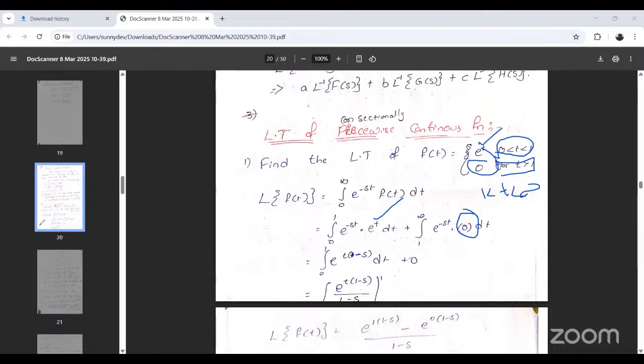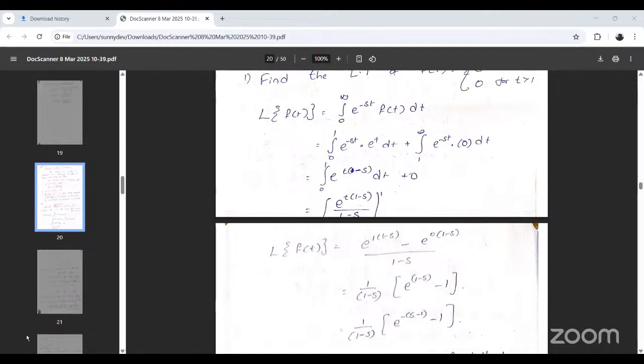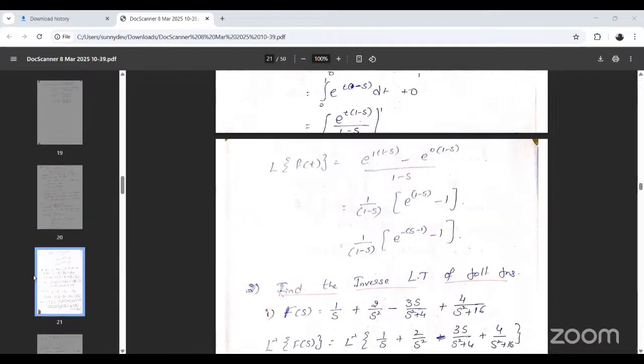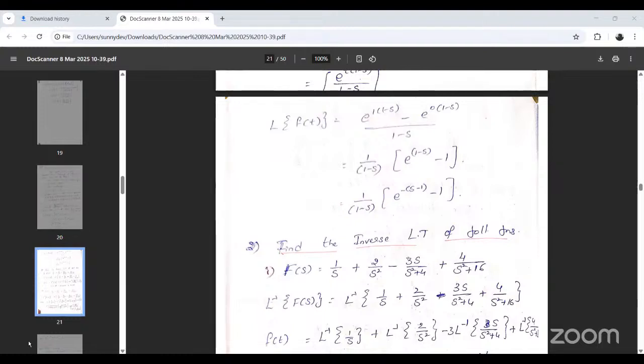Now let's see here. This is the integral from 0 to 1 of e power of t times e power of minus st, so the bases are equal and we add the powers: e power of t into 1 minus s, dt, plus 0. We have the integration formula: the integral of e power of ax dx becomes e power of ax by a. When you apply the limits 0 to 1, e power of 0 equals 1, so we get e power of 1 minus s, minus 1, by 1 minus s.